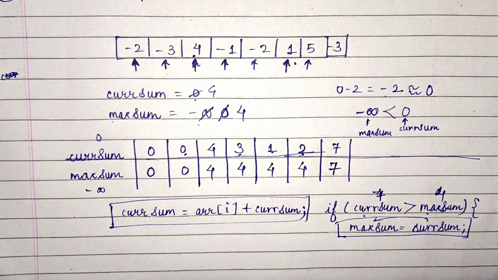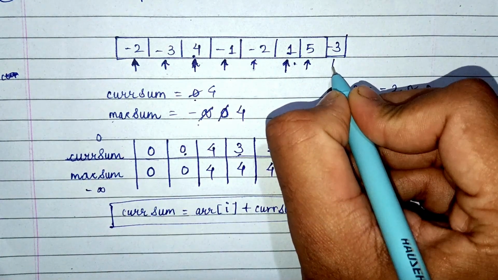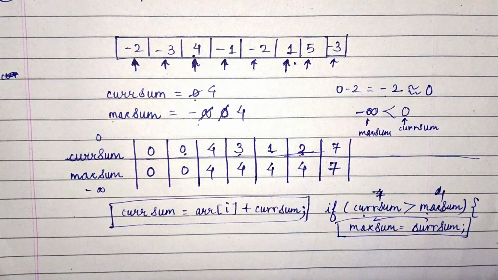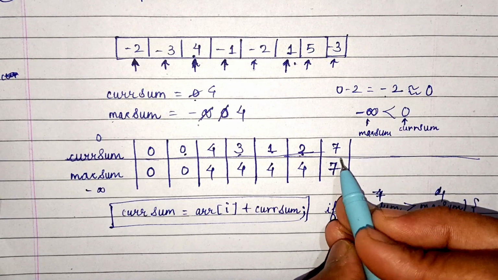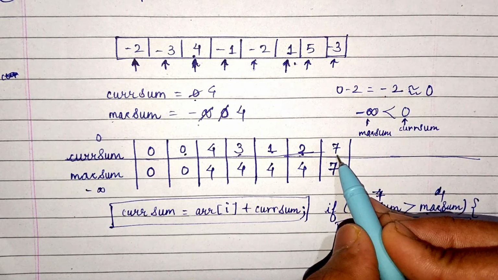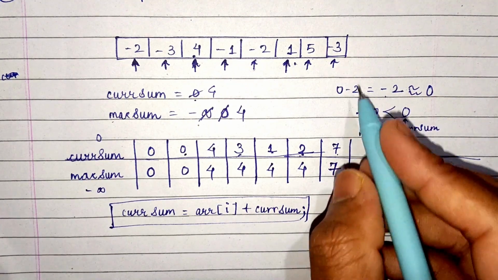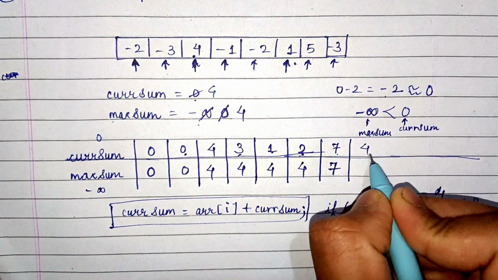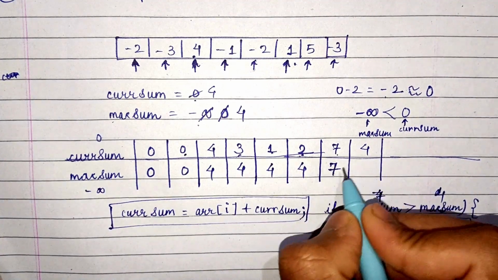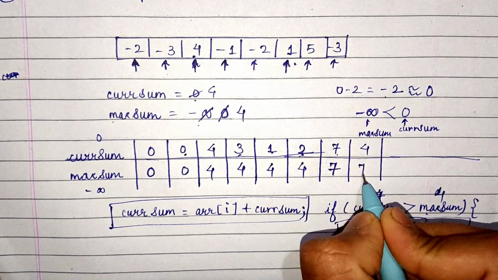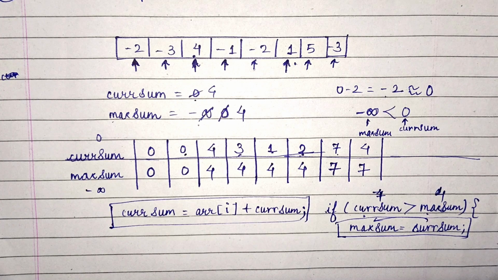Now the compiler goes to the next element: 7 and minus 3, so 7 minus 3 will be 4. The current sum will be 4 and the maximum sum will remain 7, because 4 is less than 7.